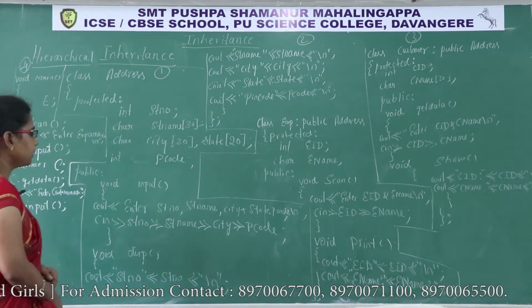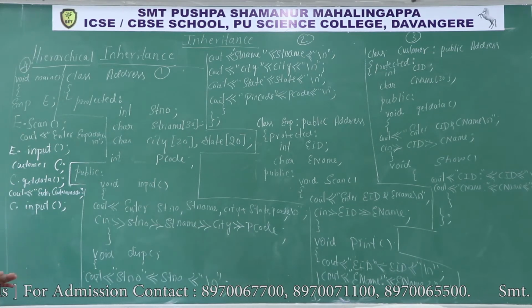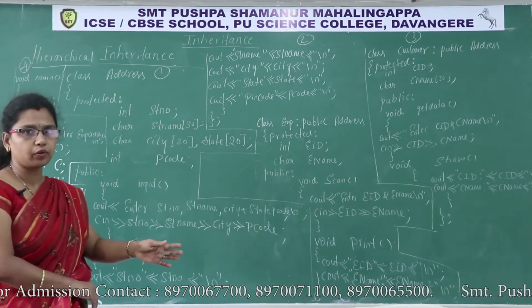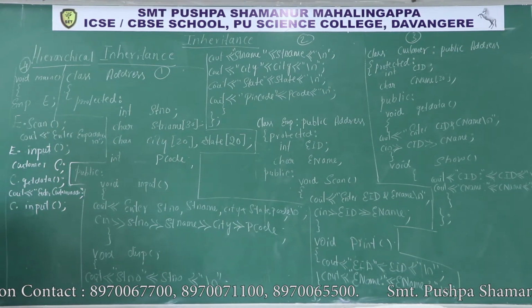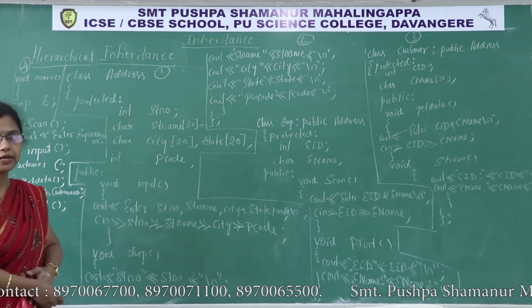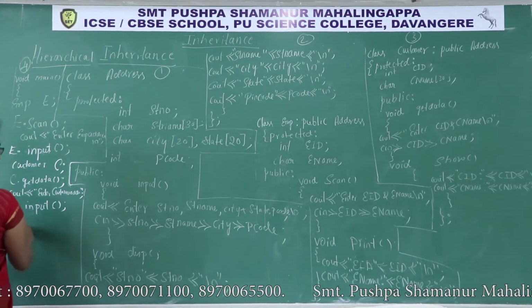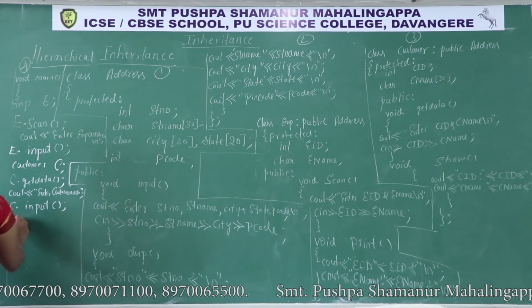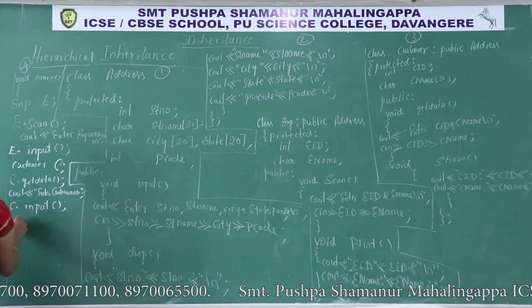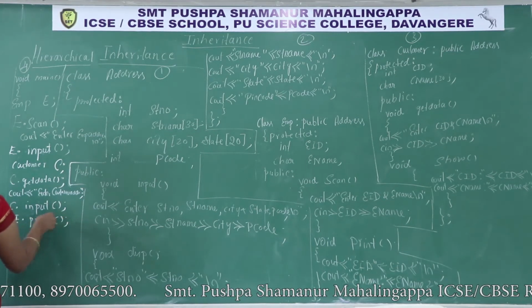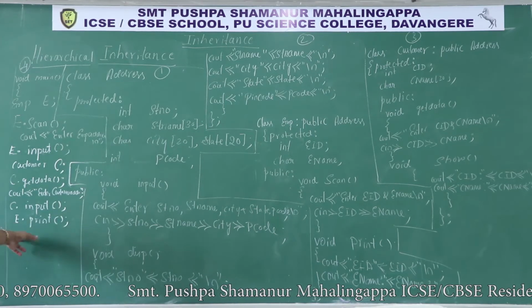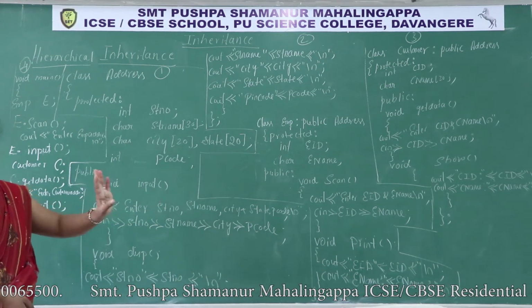I want to display now the employee ID, employee name and employee address. So how to display? There is a function called print: e dot print. It displays employee ID and employee name.